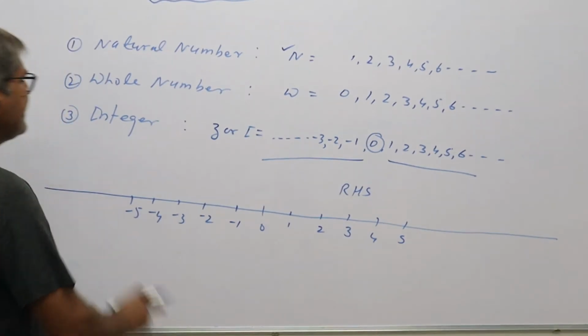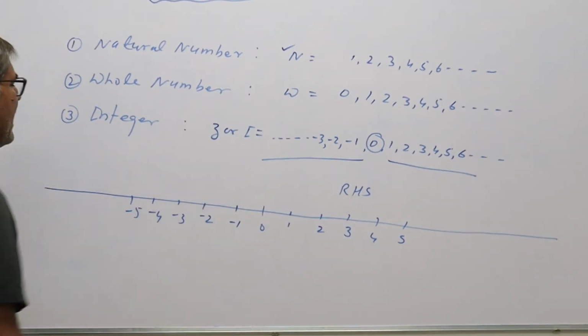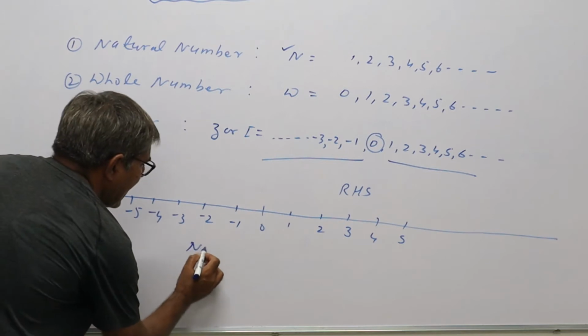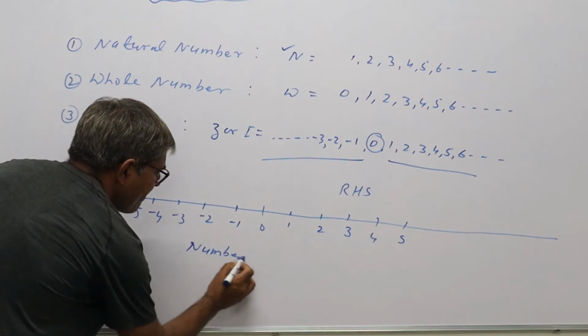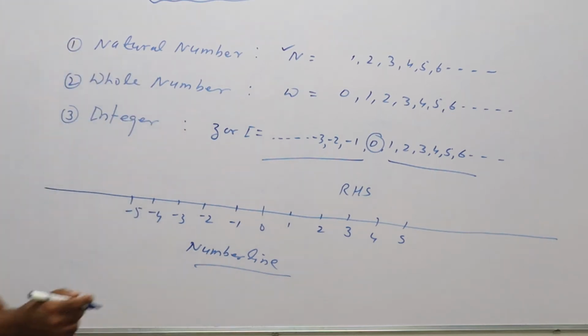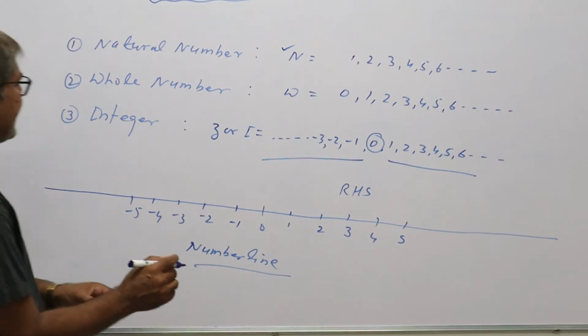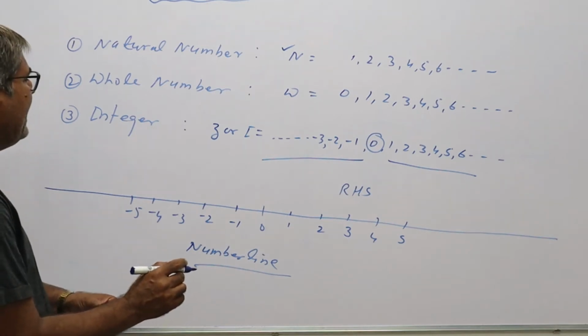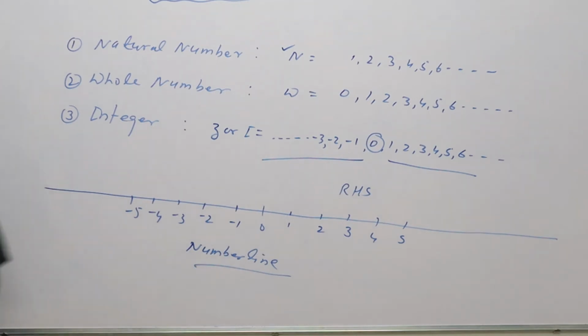In this case, this line is known as a number line, and using the number line we can add the integers, we can subtract the integers, we can multiply and divide.